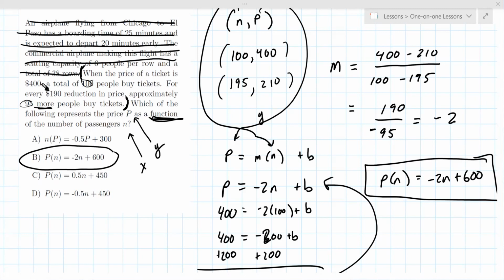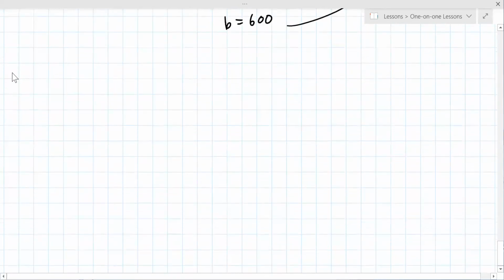Okay, question 6. Okay, so I got to pull up another question here. I want you to try writing down, at least getting to the slope. Let's see if you can get the slope on this.